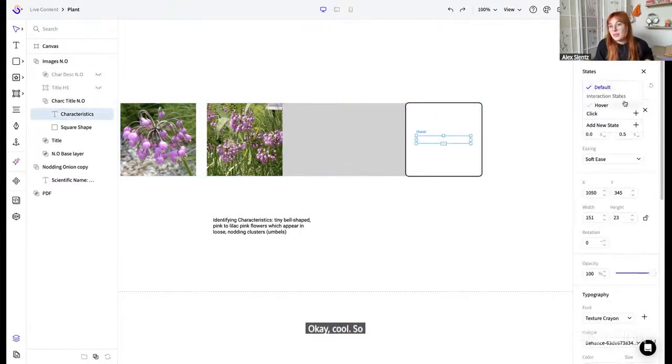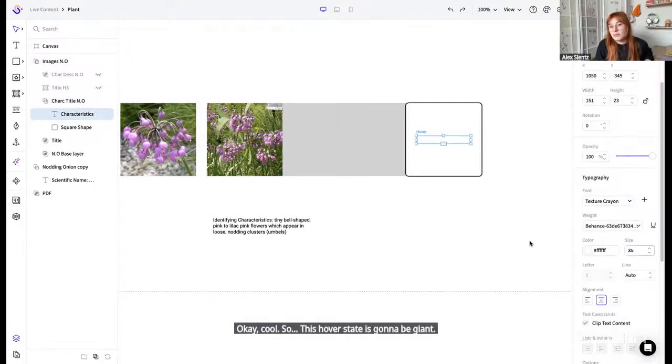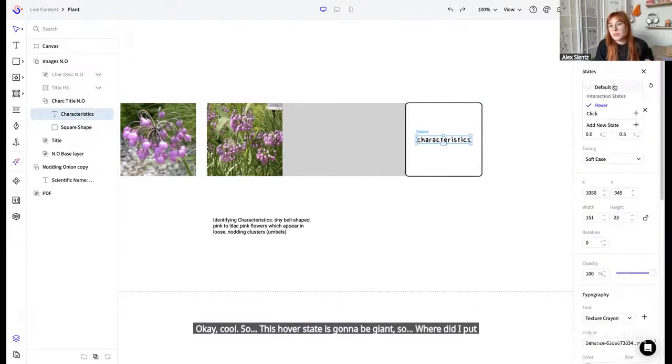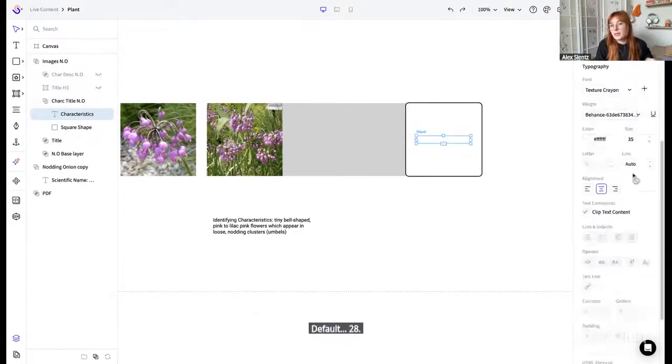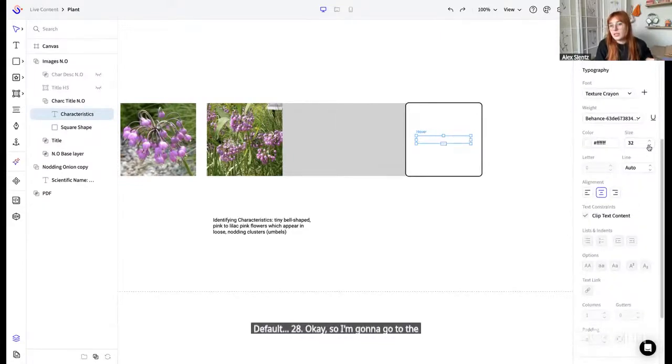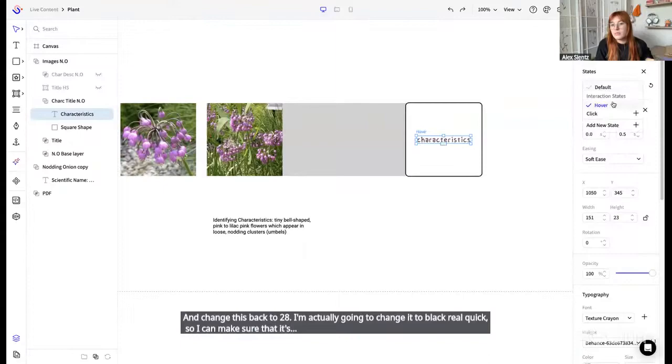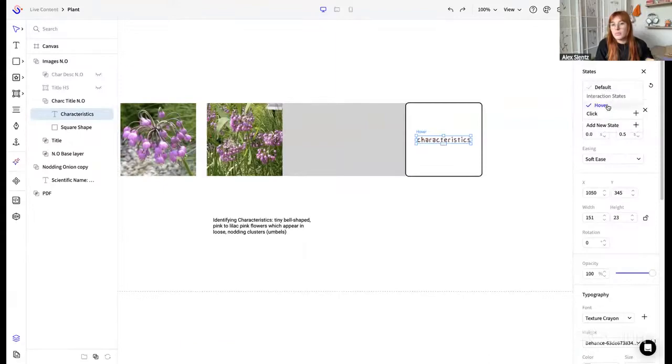So this hover state is going to be giant. So where did I put this at? Default 28. Okay, so I'm going to go to the hover state and change this back to 28. I'm actually going to change it to black real quick so I can make sure that it's... Well, that's not black.